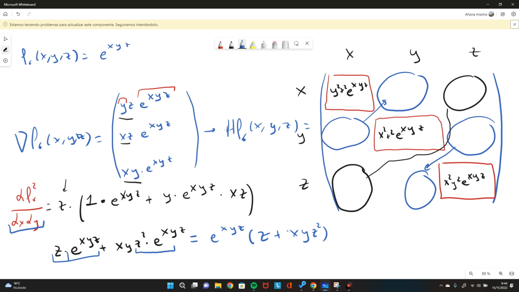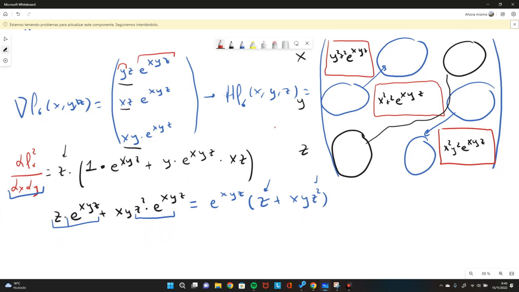The z doesn't appear here, and it's here, also here. So I can only assume that this is f6, of x, and then, for example, z is going to be just exactly the same, e to the power of xyz times y plus xy squared z.